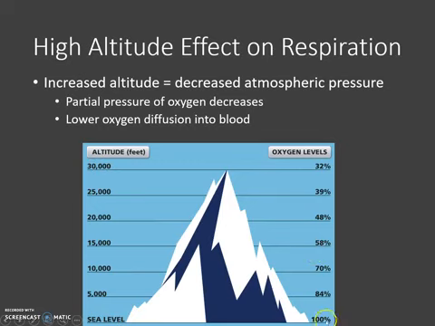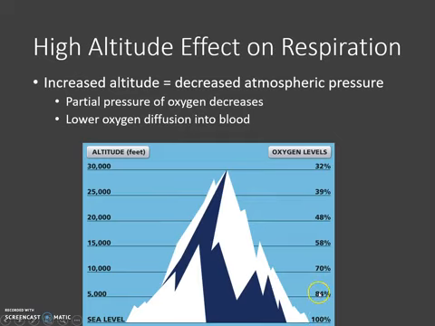So at sea level, there is kind of 100% oxygen. Well, the air isn't 100% oxygen, but if we set this at the baseline of 100%, if we go up to 5,000 feet, we're now at an 84% amount of oxygen level compared to what we had at sea level.